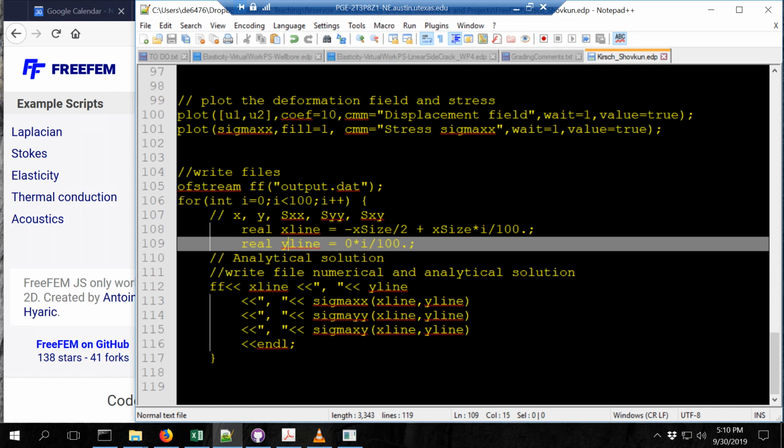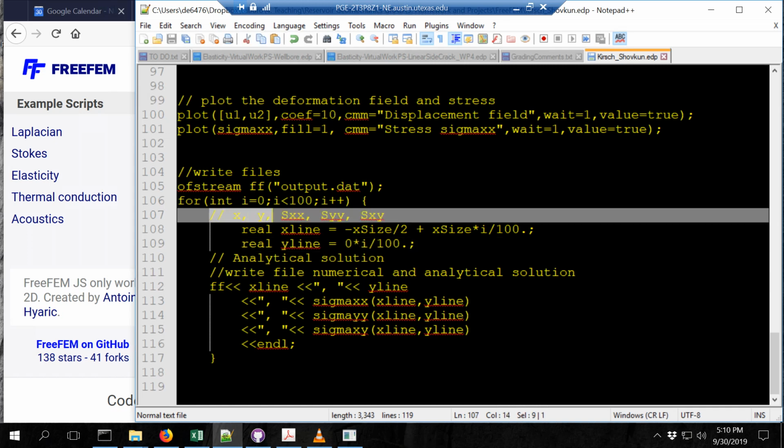And what I'm defining here is two variables. Again, this is a comment. We have a line which is equal to the size of the domain divided by 2, and it increases with the counter i.